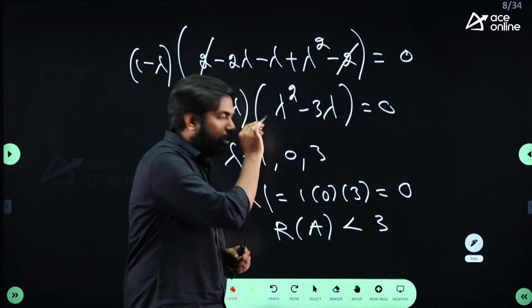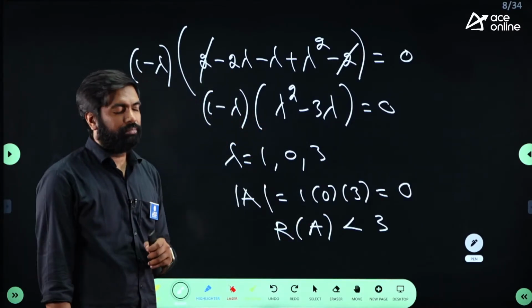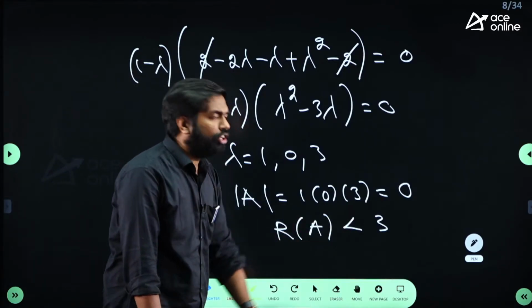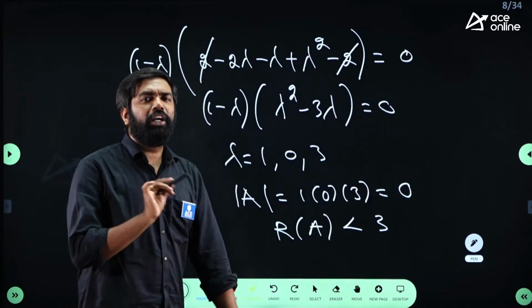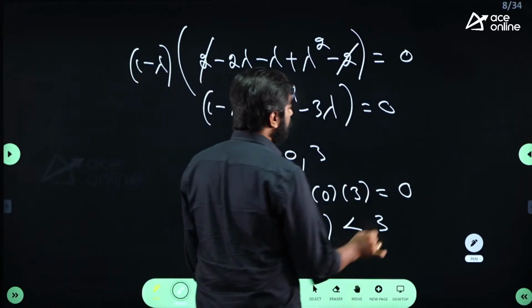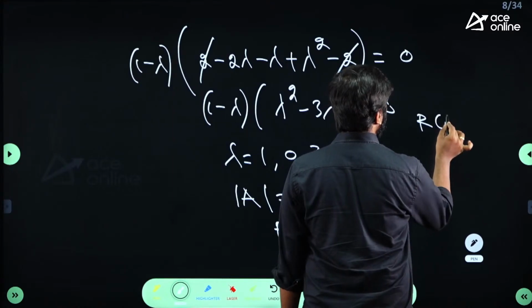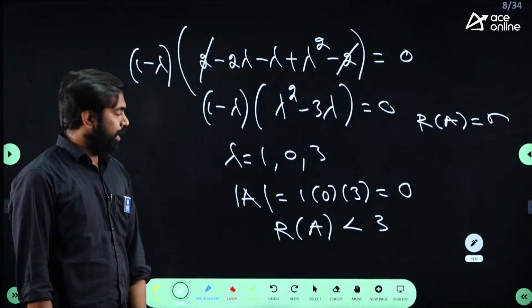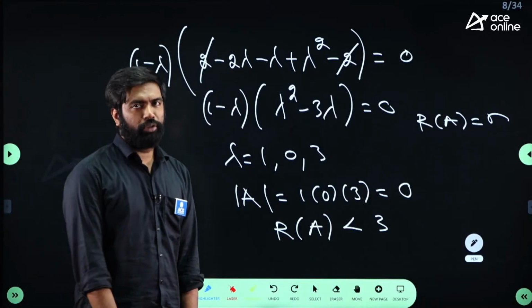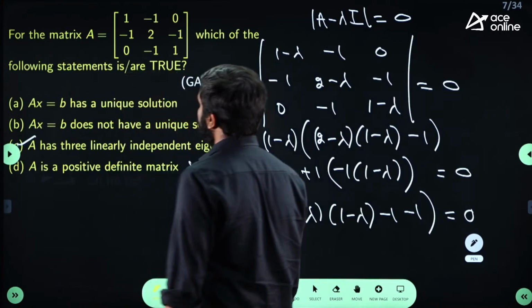Now with this you can comment about another option. When the rank is less than 3, you cannot get a unique solution, because for a unique solution you need the rank of A exactly equal to n. But here the rank is less than n, so you cannot have a unique solution. Is there any option like that?